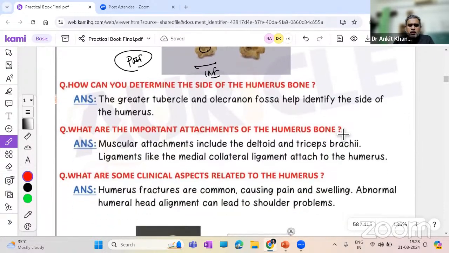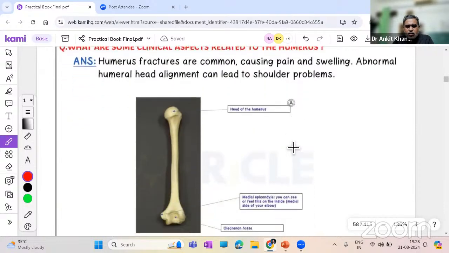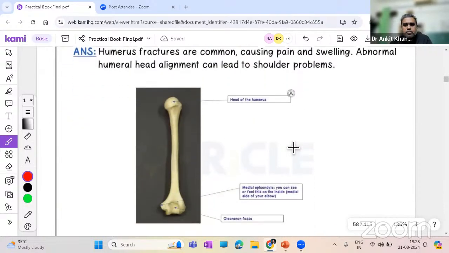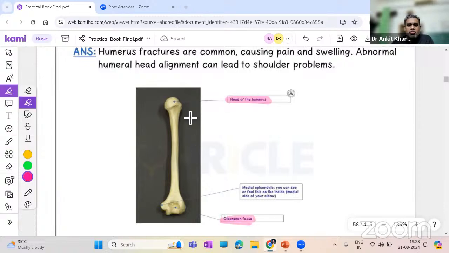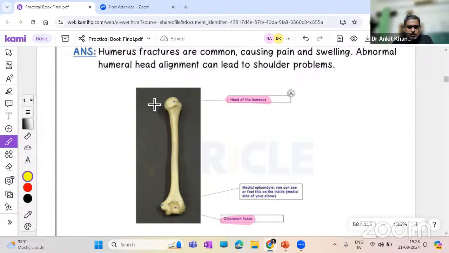We can see them in a few upcoming images. Clinical aspects, there are a lot of clinical aspects. Here, this image shows the head of humerus, medial epicondyle, olecranon fossa. You can see the important things that help us in identifying the head of humerus and olecranon fossa. And as you know, the head of humerus is going to face the medial side. So it is the medial side, it is the lateral side.